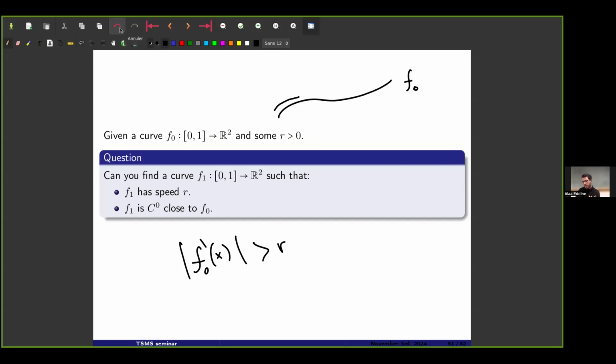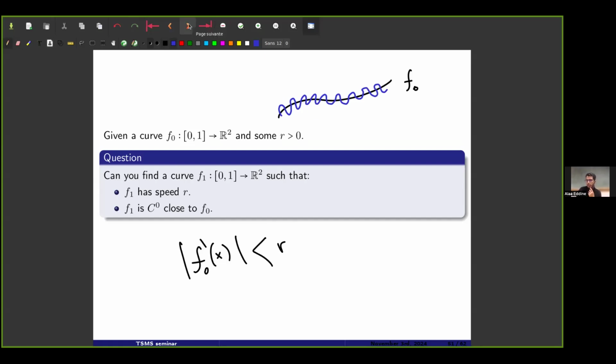But if you assume that the speed of f0 is less than r at each point, then you can do this, because you want to stay close to f0, but you have speed r, so you just spend more time around f0, and you do this kind of oscillations around f0. So you are close to f0, and you have big speed.